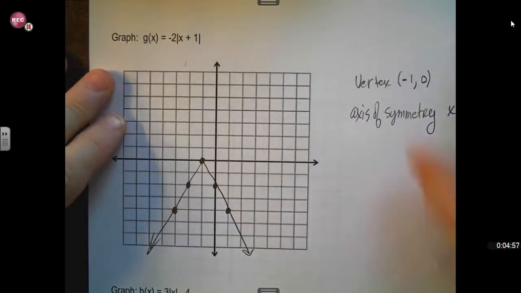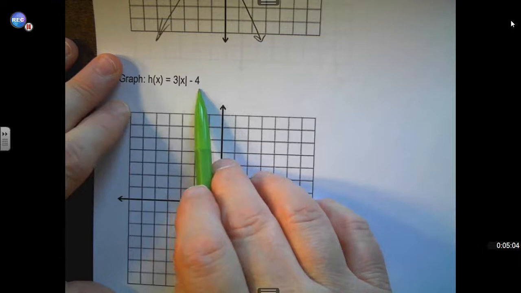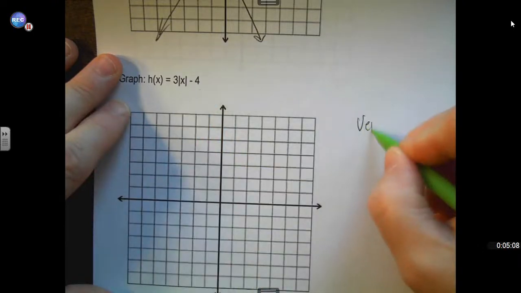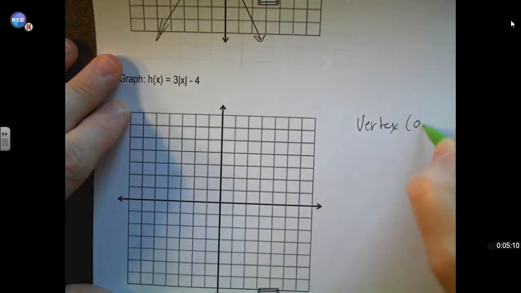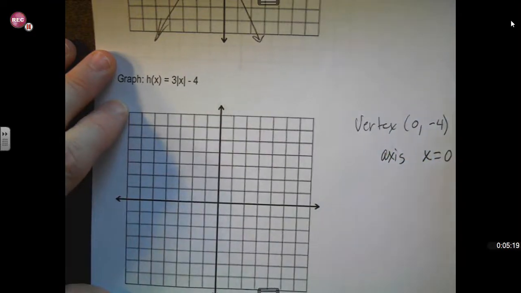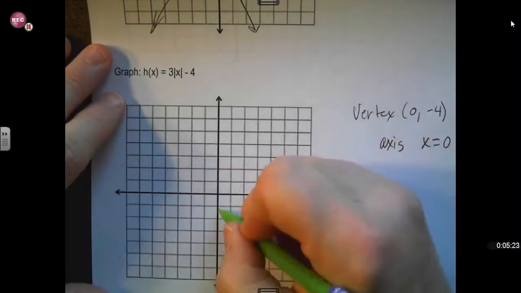My next example has something on the outside of the absolute value, but nothing with the x. So that means your vertex is (0, -4). Your axis of symmetry is x equals 0. Then we're ready to graph. (0, -4).